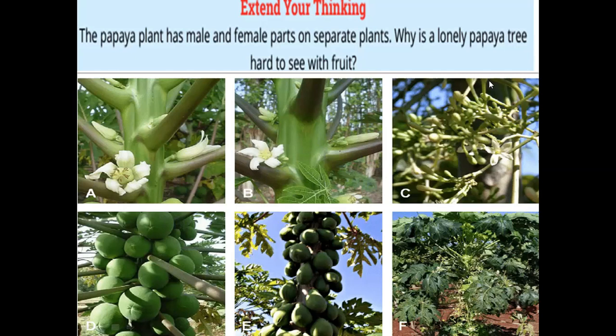This male plant will not produce fruit, but this female plant will produce fruit like this. And this papaya is very, very healthy for our body. It is a very nutritious fruit. And this is its overall view of the plant.